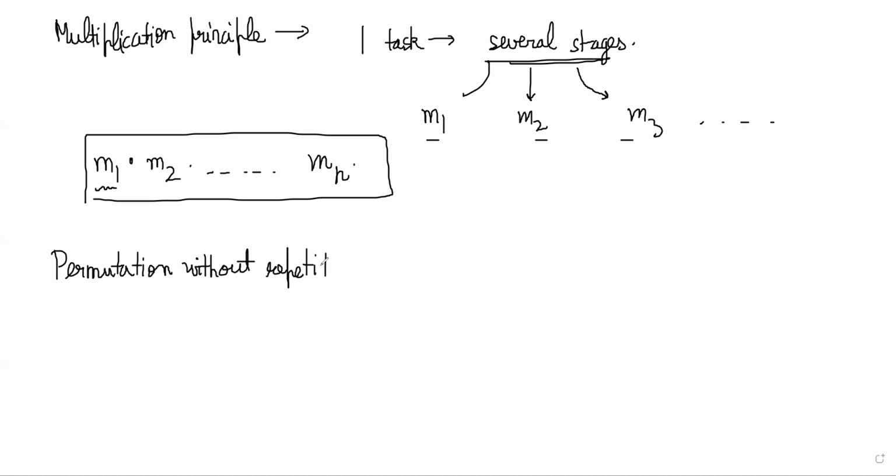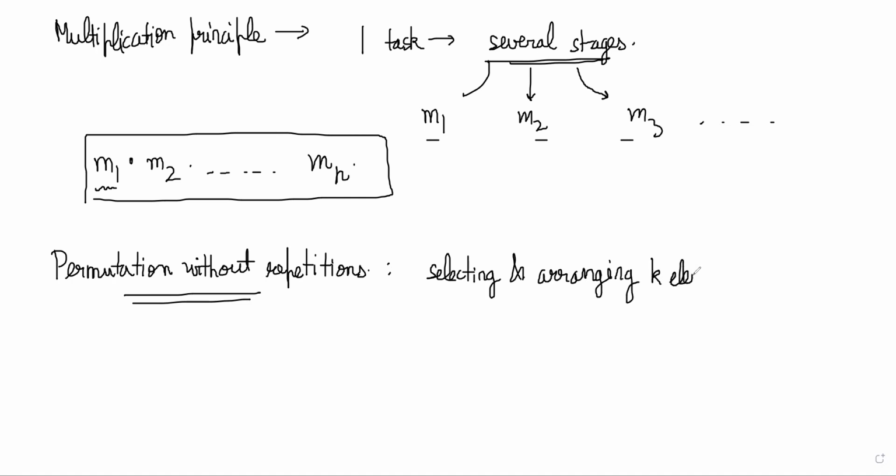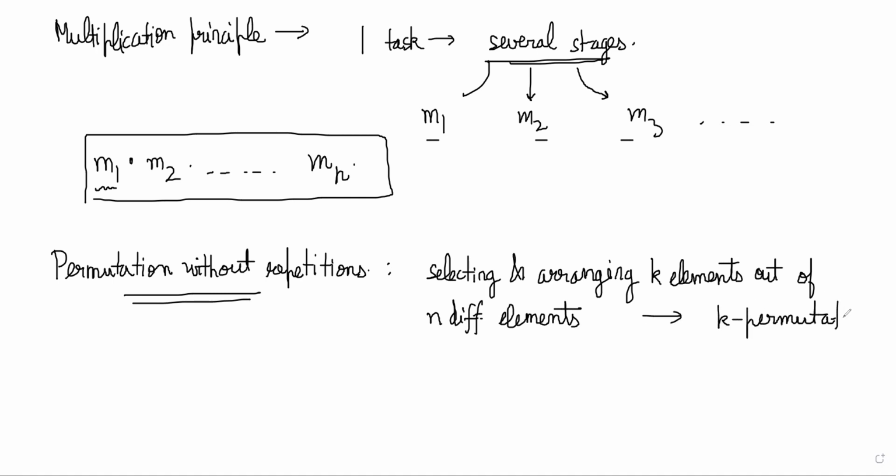For permutations without repetitions, we are basically selecting and arranging k elements out of n different elements, and that is known as a k permutation.